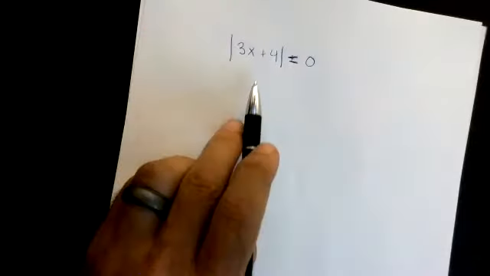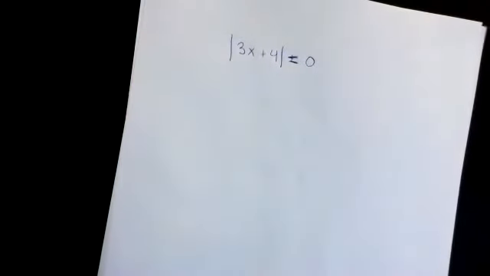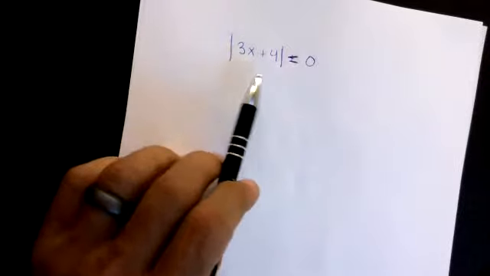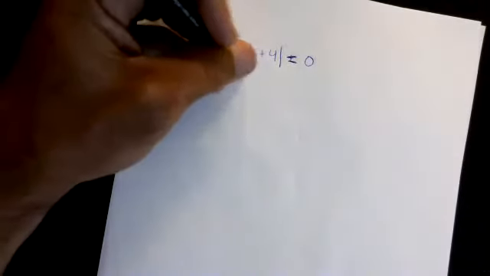Anytime you have an absolute value equaling 0, this is going to be a problem where you're only going to get one solution. Okay, so we have the absolute value by itself. We don't have to worry about getting rid of anything. So we're just going to split this up.